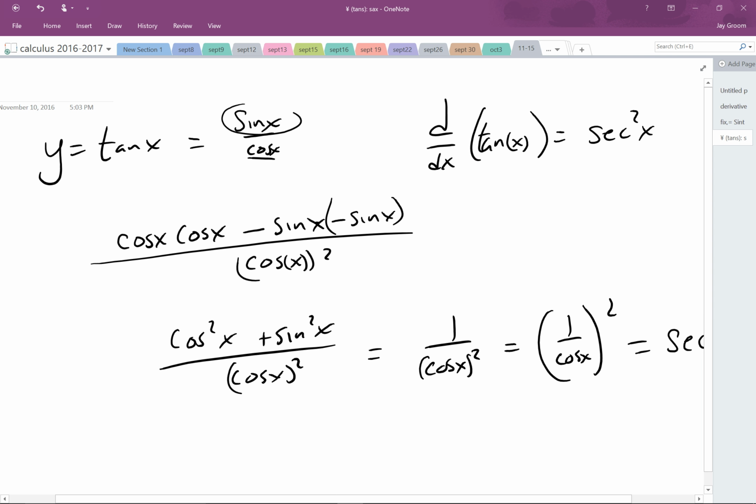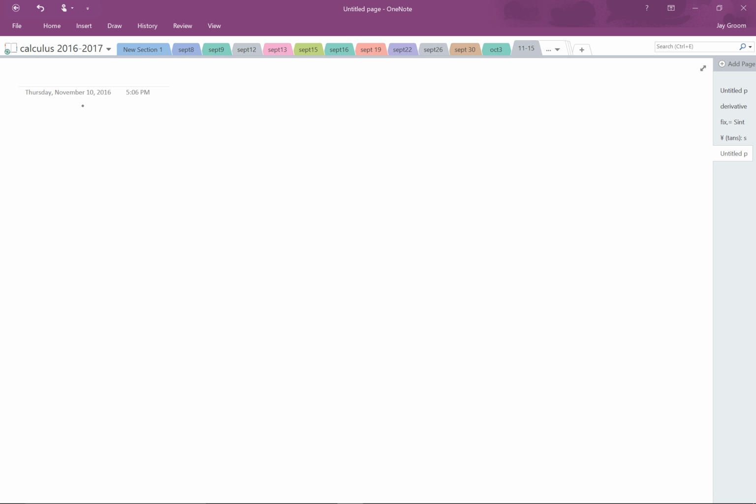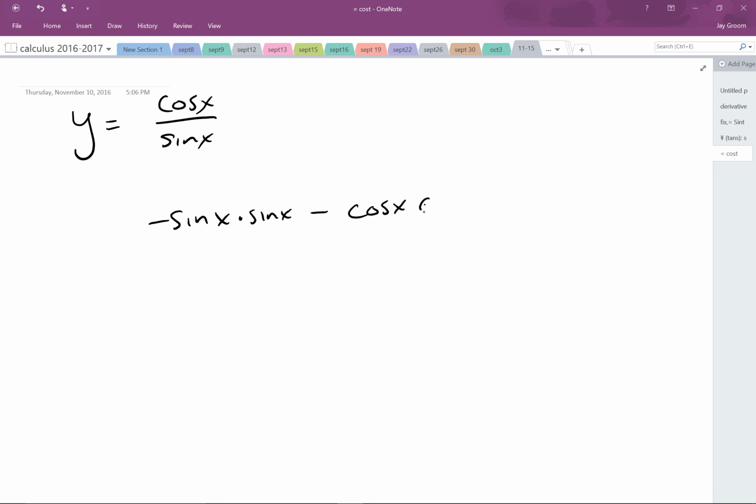Here's how we can show that, though. Remember, y is cosine x over sine x. The derivative of the numerator is minus sine, times sine on the bottom, minus the top times the derivative of the bottom, over the bottom squared.